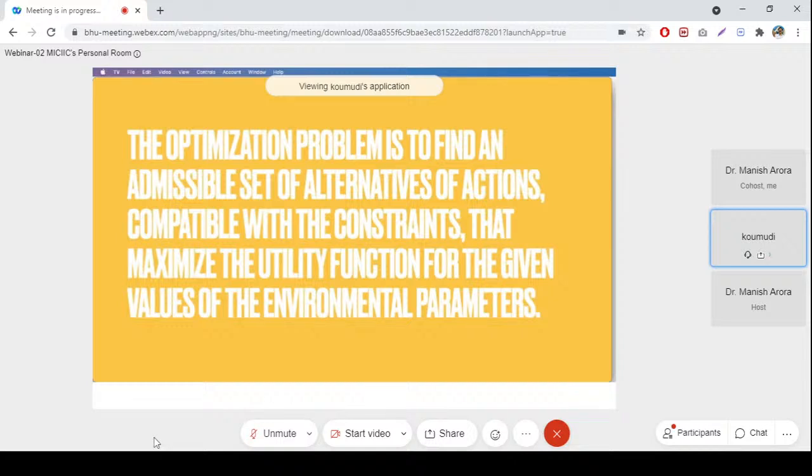The optimization problem is to find an admissible set of alternatives of actions compatible with the constraints that maximize the utility function for the given values of the environmental parameters. The optimization problem, once formalized, is a standard mathematical problem to maximize a function. It relies on standard logic of the predicate calculus on which mathematics rests.